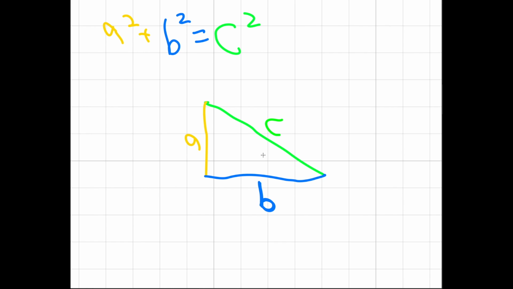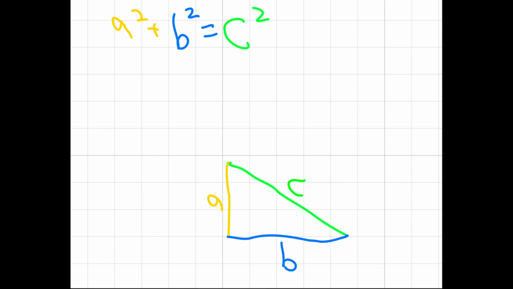So the formula tells us that a squared plus b squared equals c squared. Now, one sec. We are going to draw B right here. This is B.